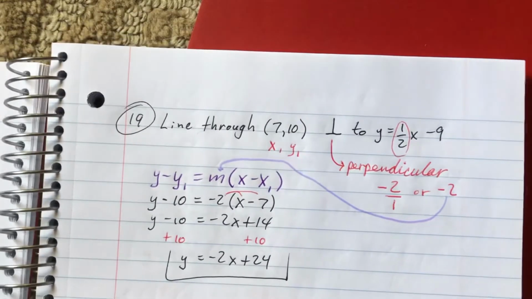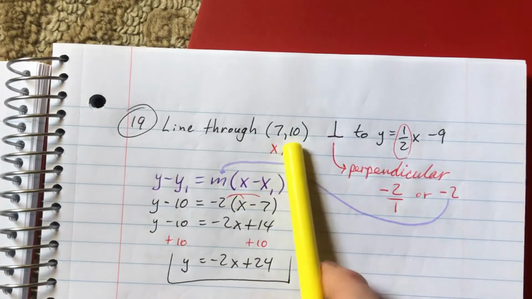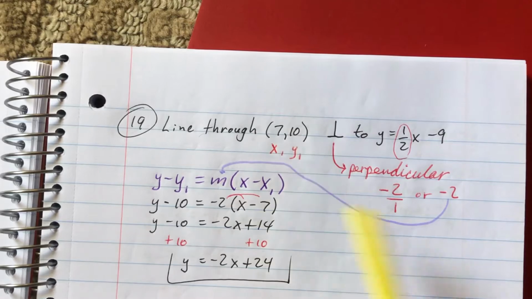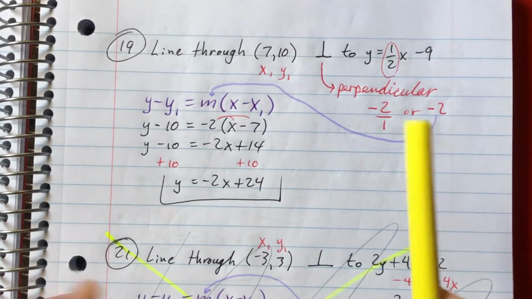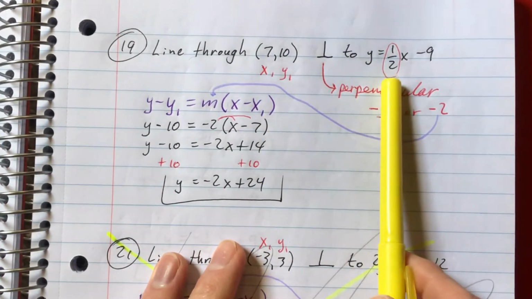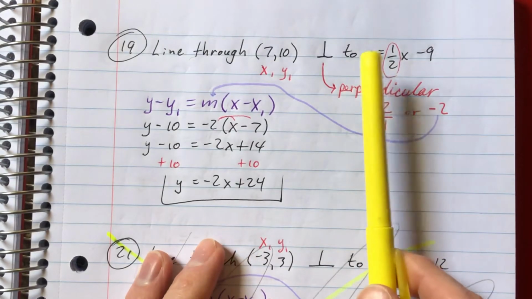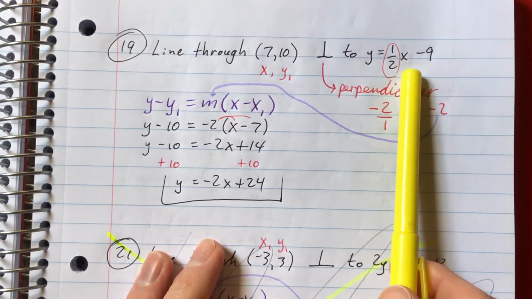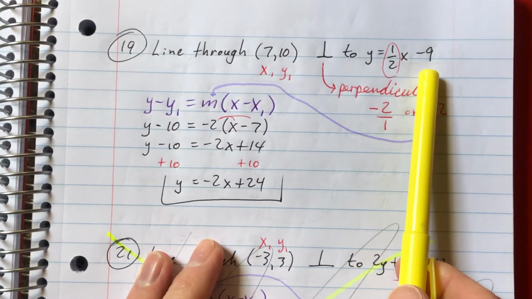Number 19 is asking you to write a line that goes through the point 7, 10 and is perpendicular to the line y equals 1/2 x minus 9.